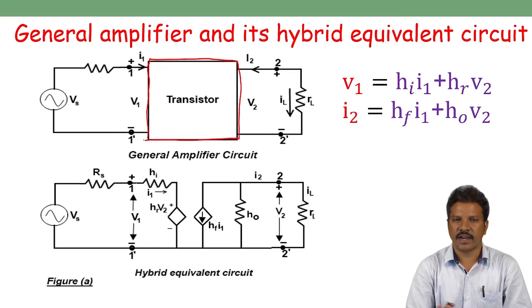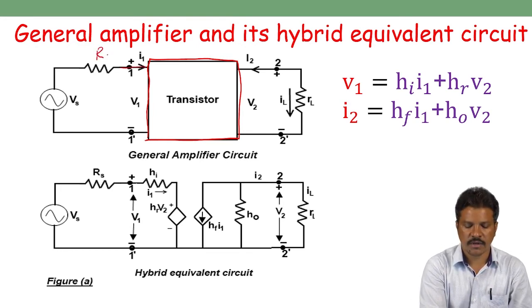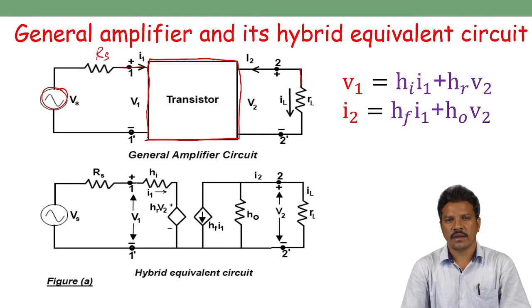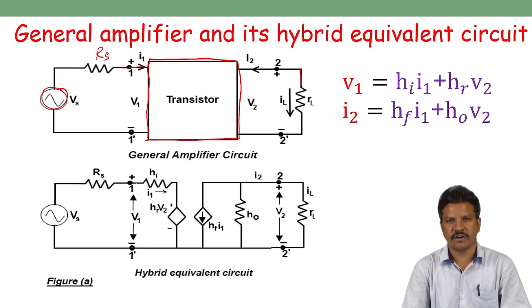A transistor connected in a general configuration is connected to a source voltage with its internal resistance Rs, and a load resistor RL, so that we can make the transistor an amplifier. So this is a general amplifier circuit, which consists of source voltage with internal resistance Rs, and a load resistor RL.